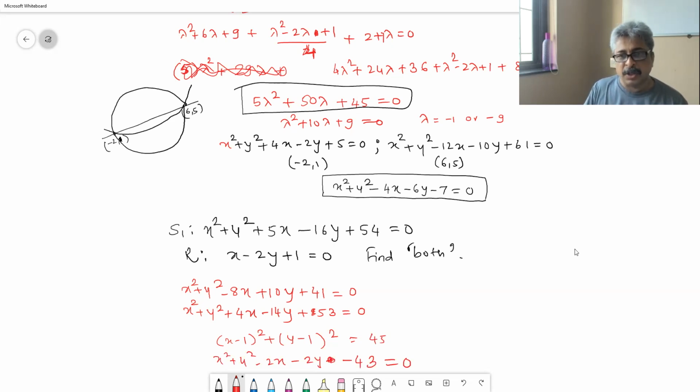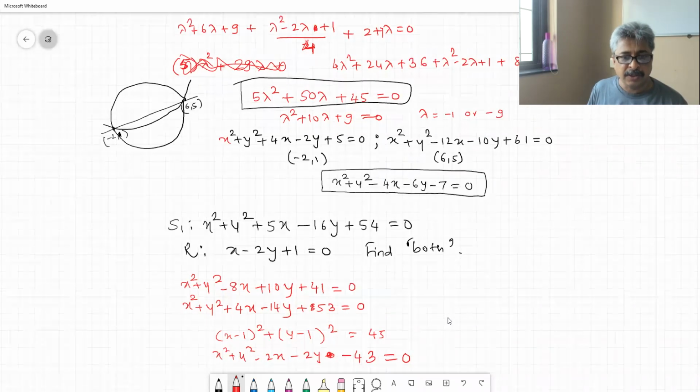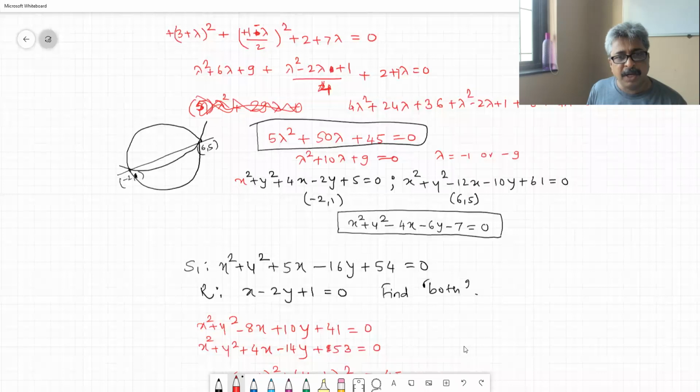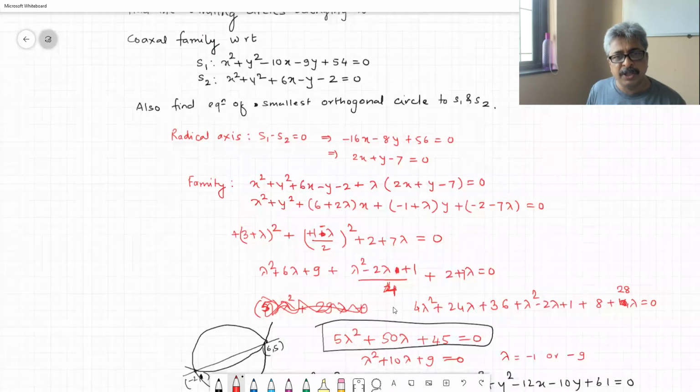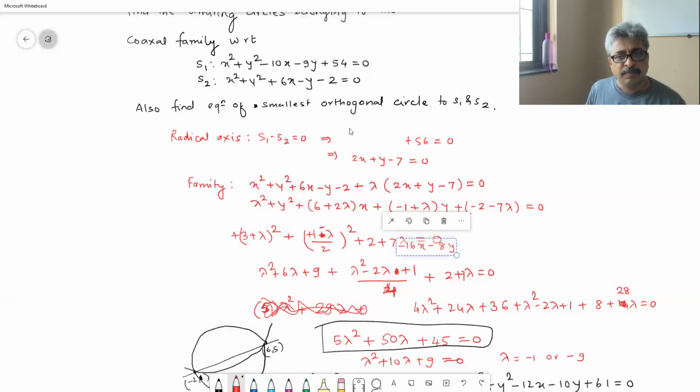Now if I ask you, another problem in this could be, I give you two circles and ask you to find out an orthogonal circle passing through a given point. Let us see. So let my first problem S1 and S2 be there like that only.